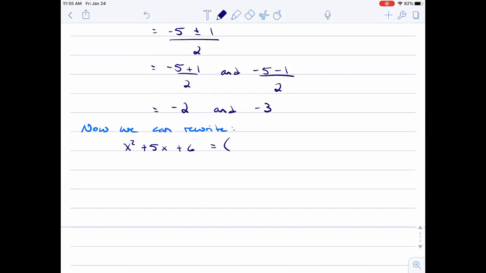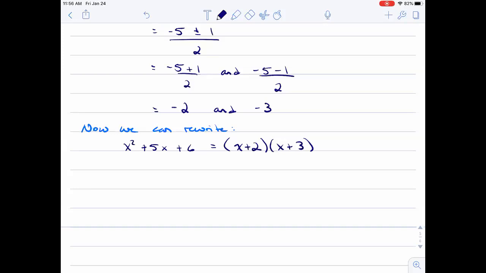And so we get x plus 2, because we always just do the opposite essentially, times x plus 3.